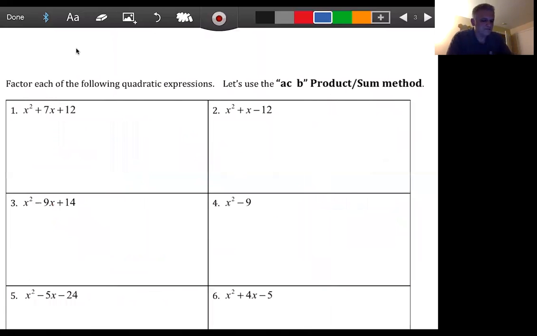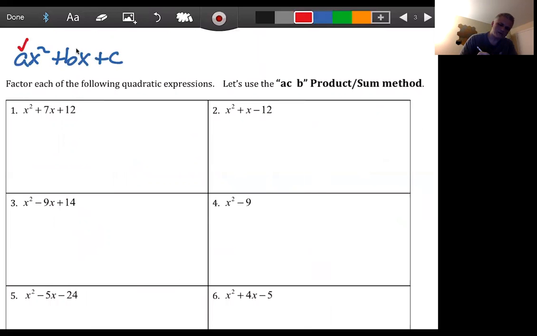Now we're going to use what I'm going to call the ACB product sum method. So ax squared plus bx plus c. There's your a and your c. Now, on day one, the a is always 1.